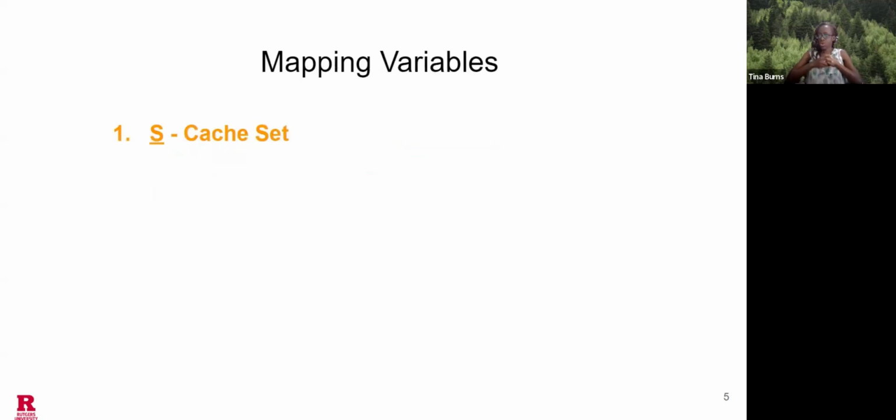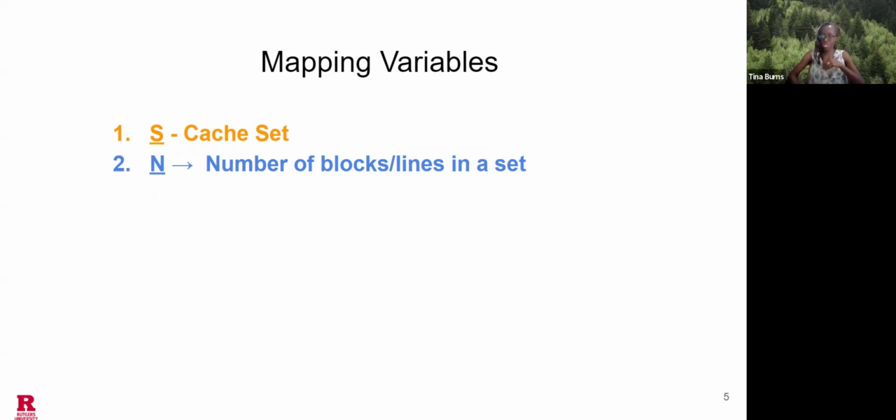All right, so we can also talk about some of the variables we use for mapping. We can say if you consider S as the number of cache sets, N can be the number of blocks or lines in a set, or N is also known as the associativity. It's an N-way associative cache.